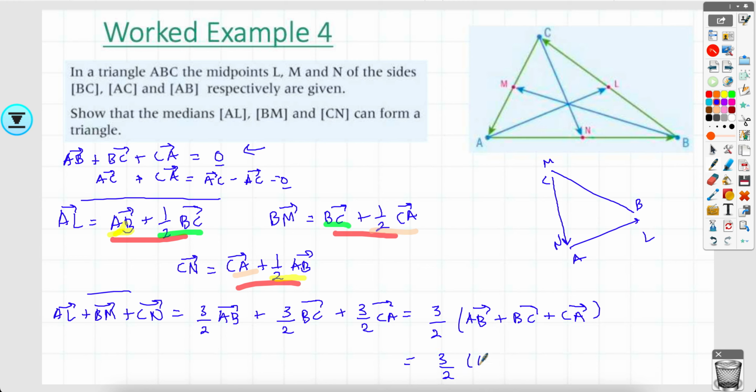So 3 over 2 of the 0 vector is just 0. So we have that these three give you the 0 vector, so they can form a triangle.